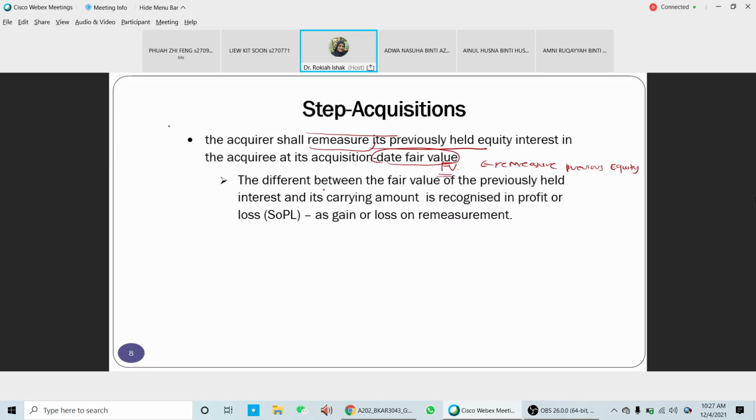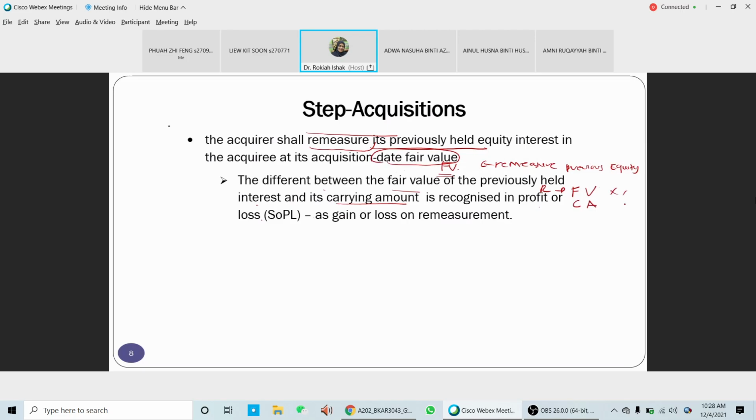The difference between the fair value of the previously held interest and its carrying amount is recognized in profit or loss as a gain or loss on remeasurement. So once you remeasure, you have a fair value, and it needs to be compared with the CA.